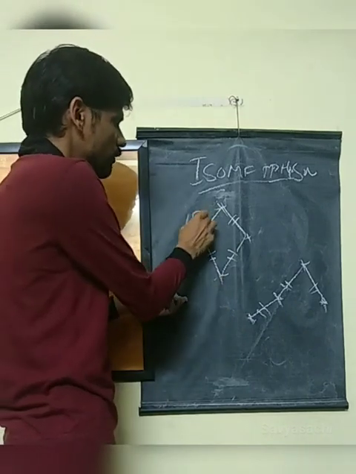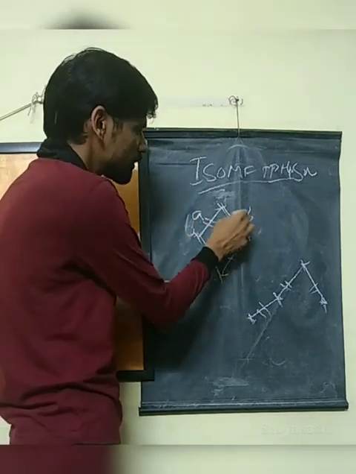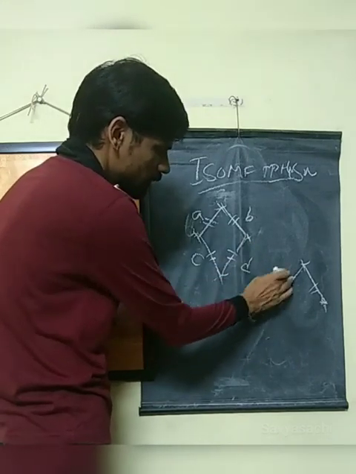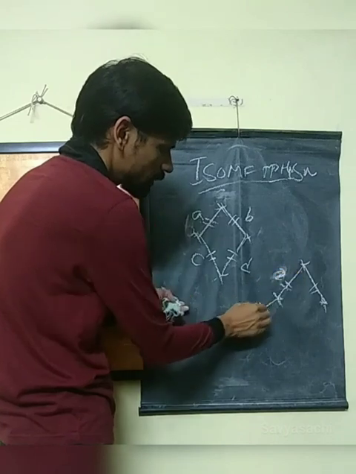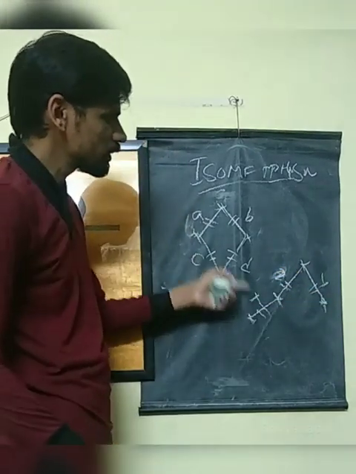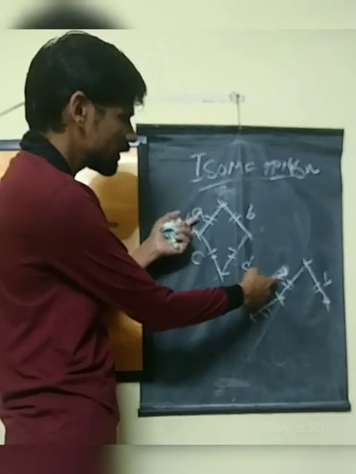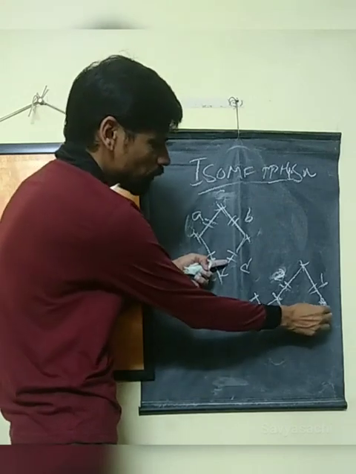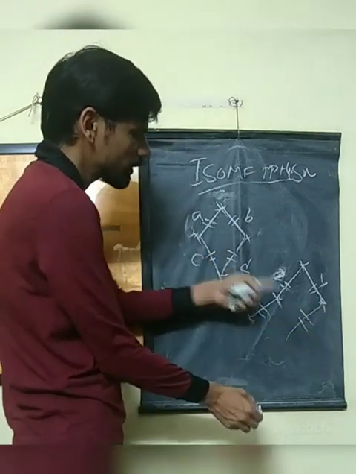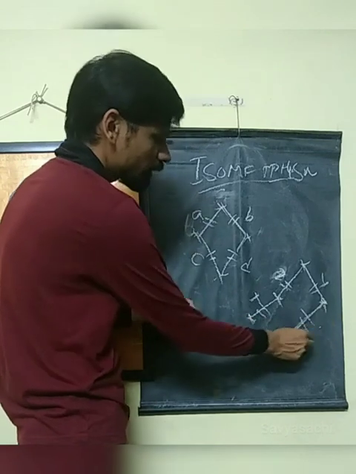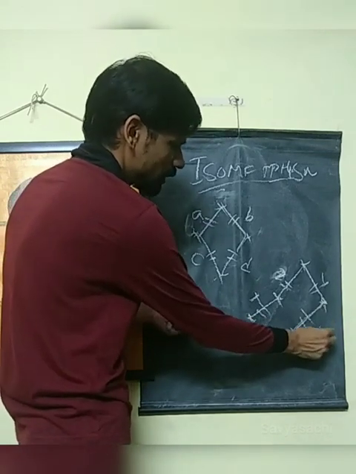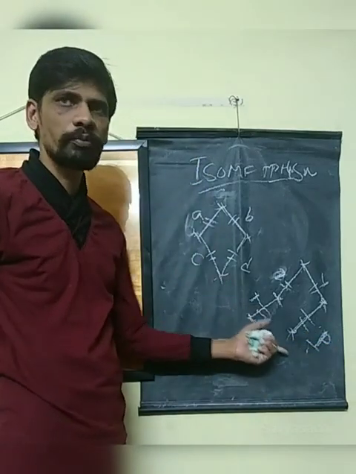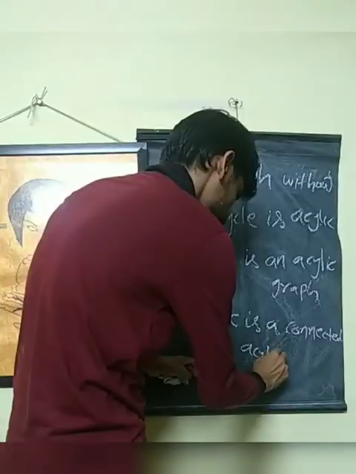Let's name these edges A, B, C, D. If we name the others Z, X, Y, these are not isomorphic, because for A there is Z, for B there is Y, for C there is X, but for D there is no edge. So to make this isomorphic, we need to add another edge here. Now these become isomorphic.